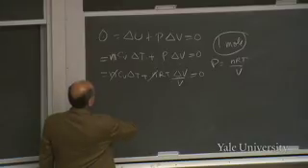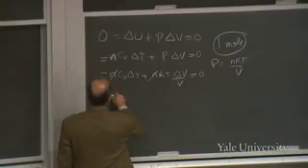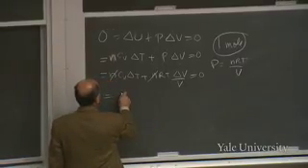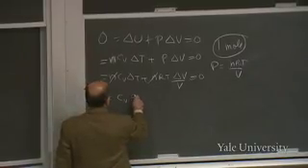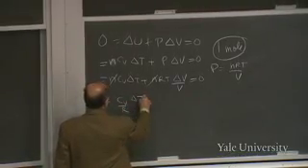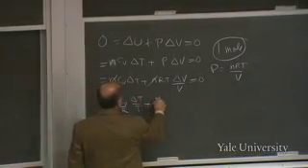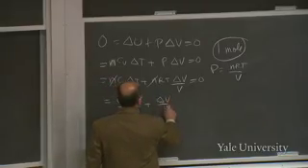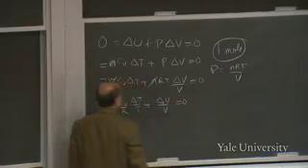Divide everything by T. You get CV over R delta T over T plus delta V over V is 0.